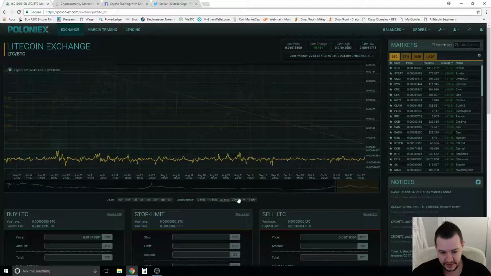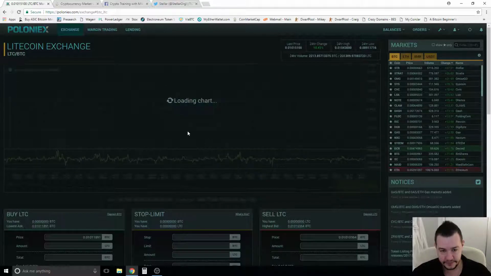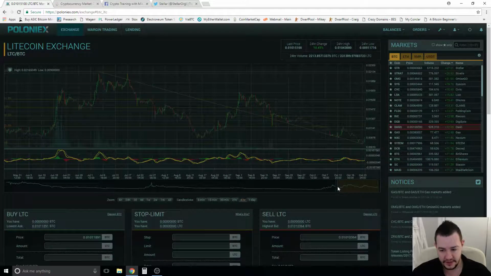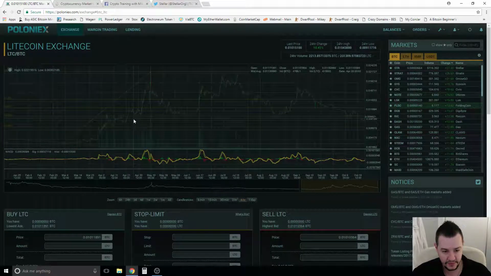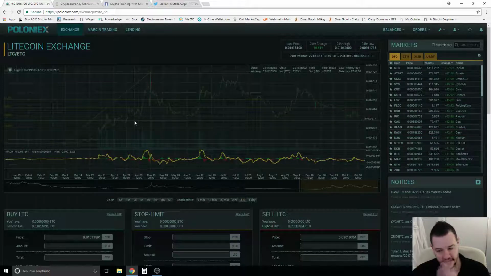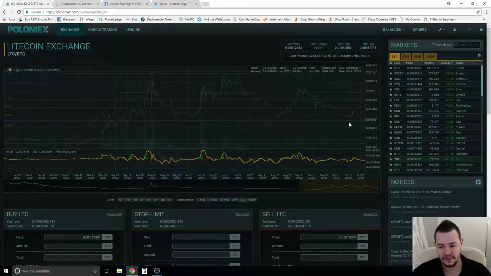Okay, so even as far back as, let me just change the chart quickly. This is our lowest low since mid-April. Okay, so in about 10 months, this is our lowest low at the moment.